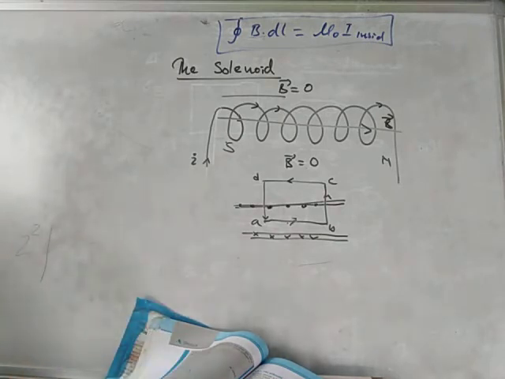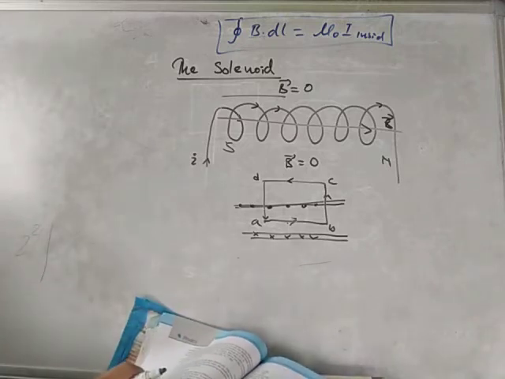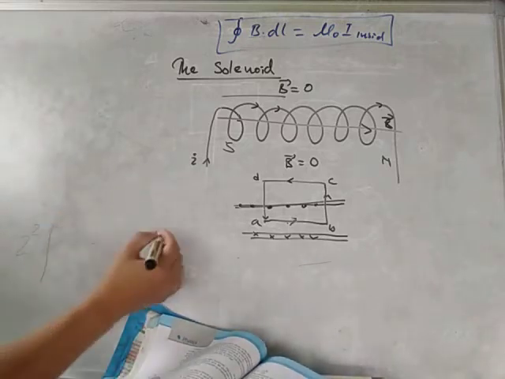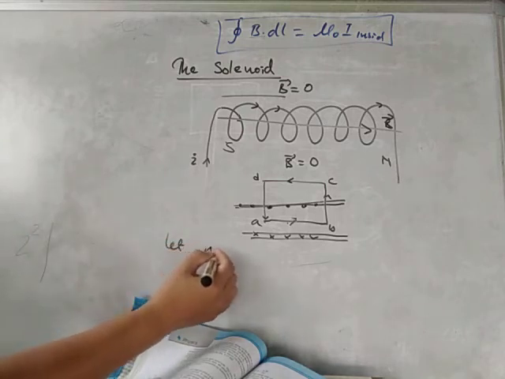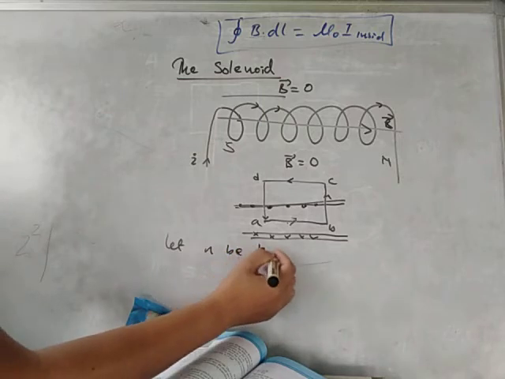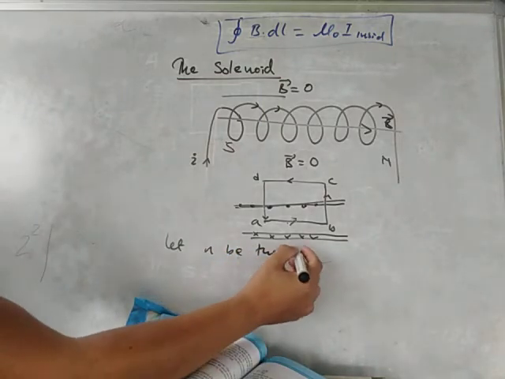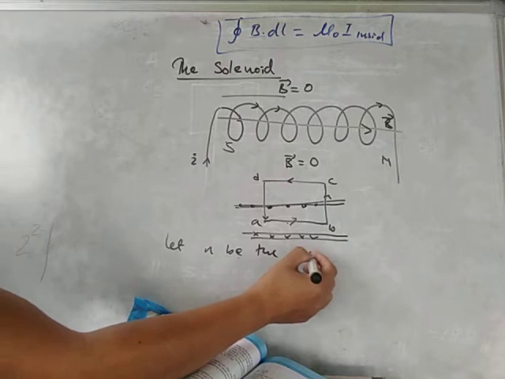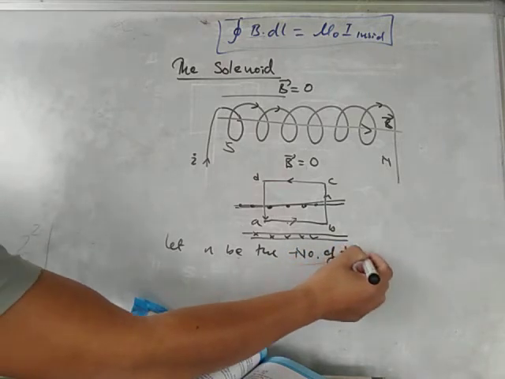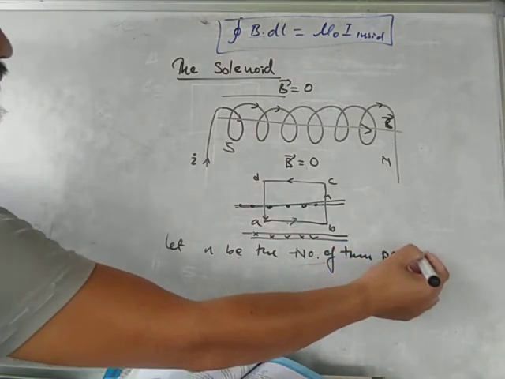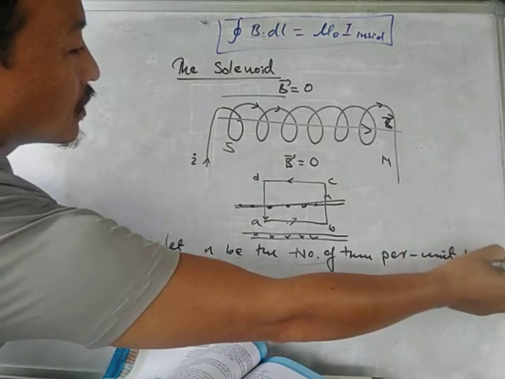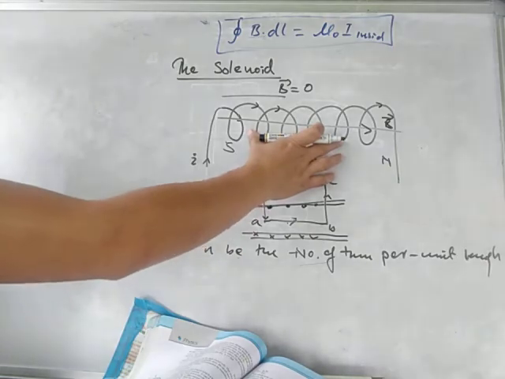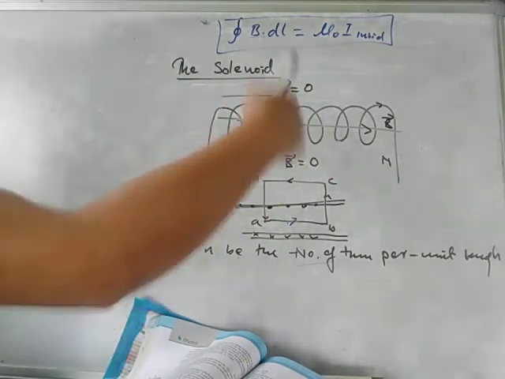So see page number 151. Let n be the number of turns per unit length, meaning per unit length how many turns of wire there are.